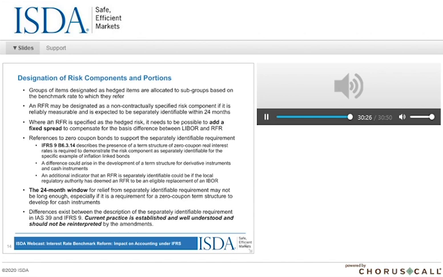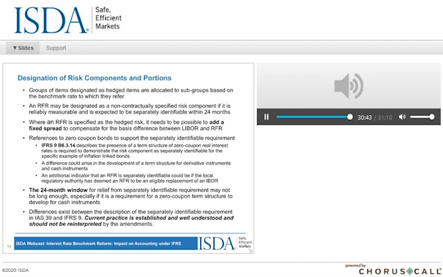The IASB also noted that entities will be able to control when the 24-month time period of the relief starts, as this will be when they first transition an instrument to an RFR. Therefore, the 24-month time period will be retained in the final amendments.